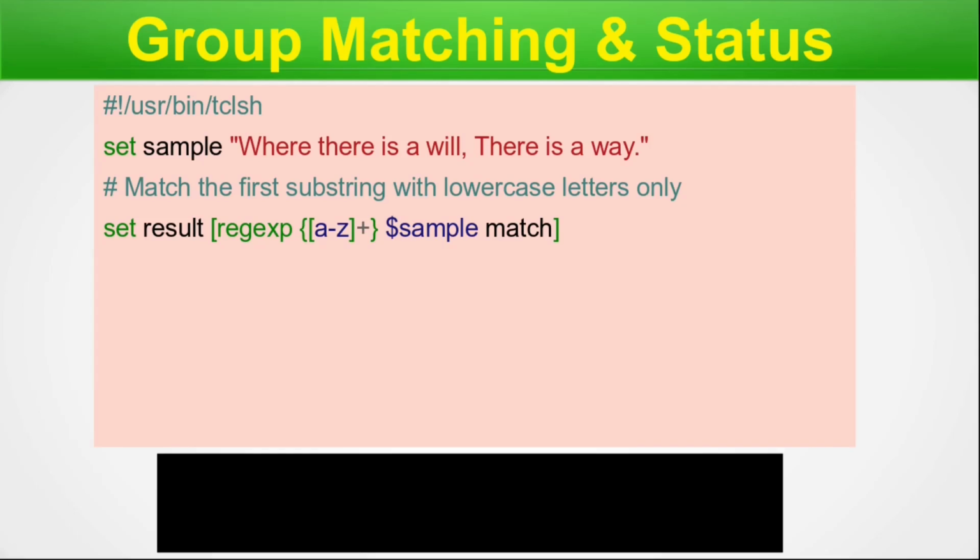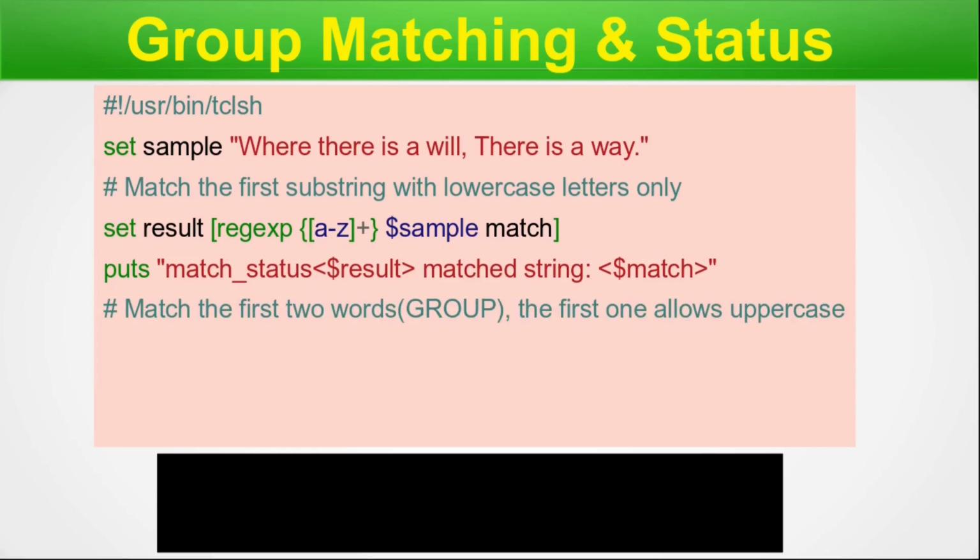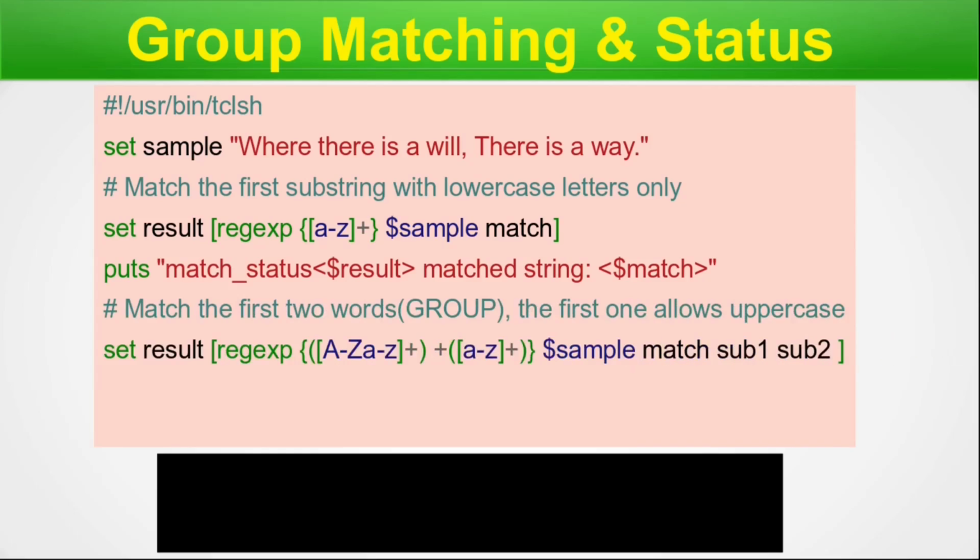Then sample, then it goes to match. Okay. So here we will be getting the outputs in two forms. One, the result, in that the match status, which is the outcome of the rectangular bracket, that flag will be printed, and the match string will go to the match variable. Okay. So let's see. And the next is set result regexp.